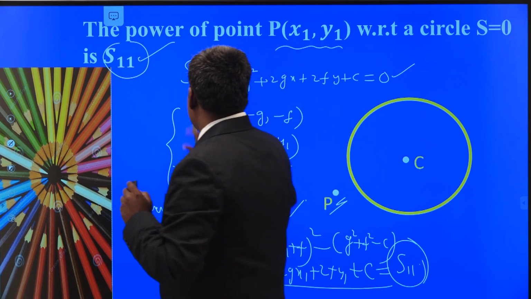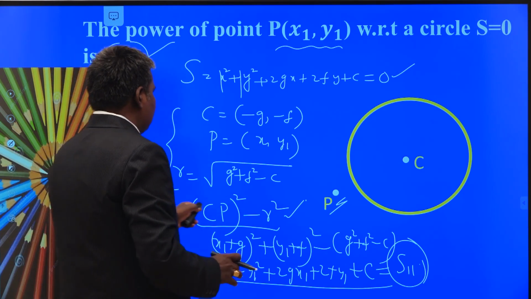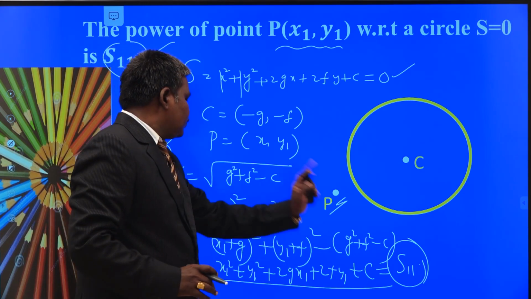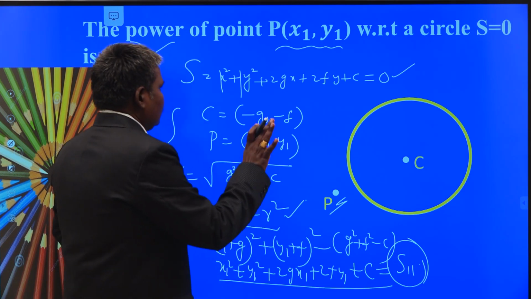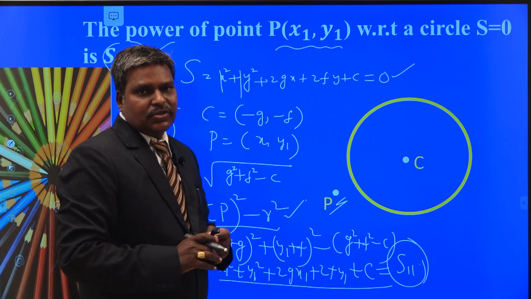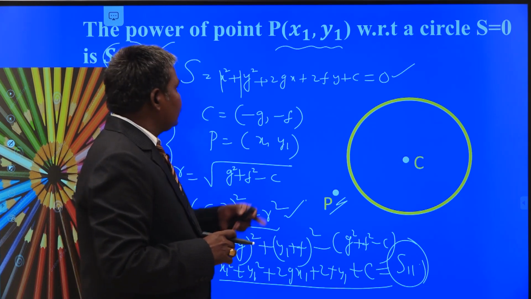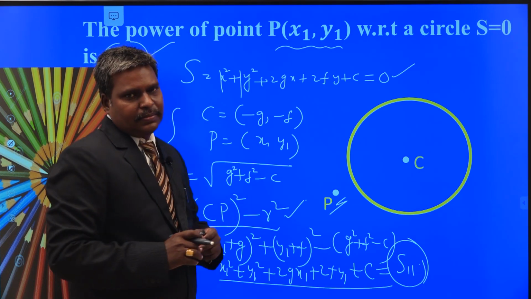Remember, this is S, this is C, this is P, this is the radius. Power is obtained by CP square minus R square, so this is the value S11. So finally, what is power? CP square minus R square. When you simplify this for S equal to 0, what is the value? S11.